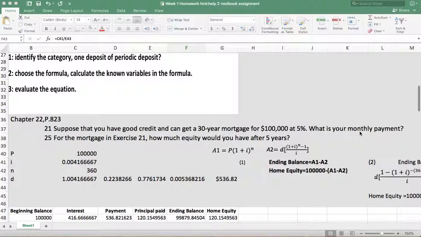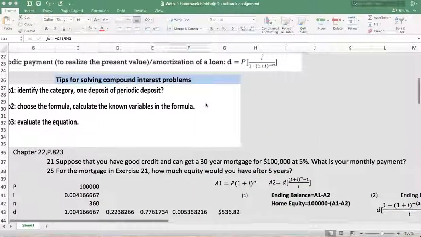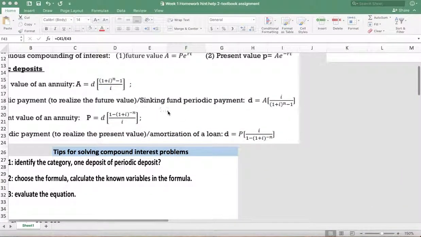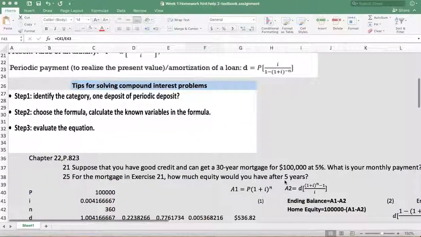What is your monthly payment? Obviously, this is a periodic deposit problem, so you need to choose a formula from here. And monthly payment is amortization of a loan.